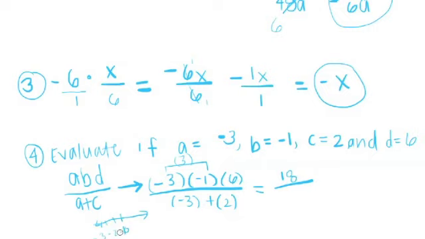So I'm starting at negative 3, and I want to go plus 2. So plus 2 is going to go to the right 1, 2, and I end up right here, which is negative 1. And can I reduce this? 18 divided by negative 1? I can. It's turned into negative 18. And that's it.